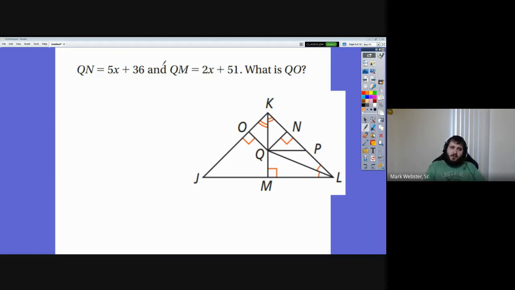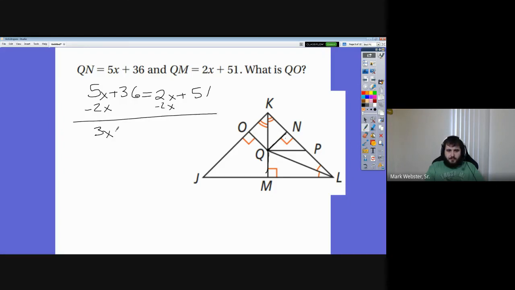Alrighty. So let's go over this one. Once again, QN and QM are all the same because these are the perpendicular distances to the sides from the incenter. So they're the same. We're just going to solve for x just like we do. Let's take the 2x and subtract it over. Subtract 36 over.